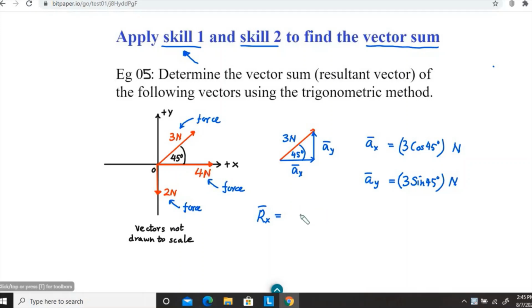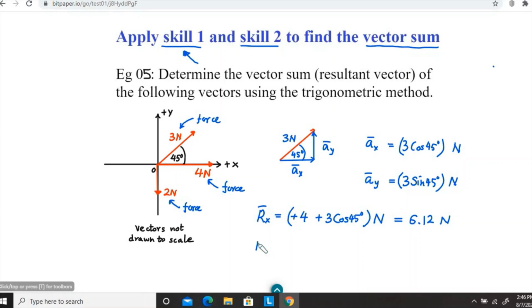We have a 4 Newton vector, so I'll put plus 4, and then the x component of the 3 Newton vector, plus 3 times cosine 45 degrees. And remember to put the units, newtons. When you simplify this, you should get 6.12 newtons, and that vector is along the positive x direction, so that's why it's a positive value.